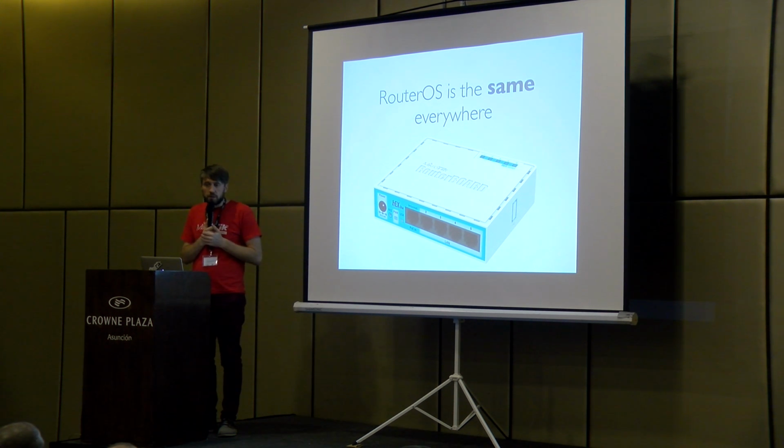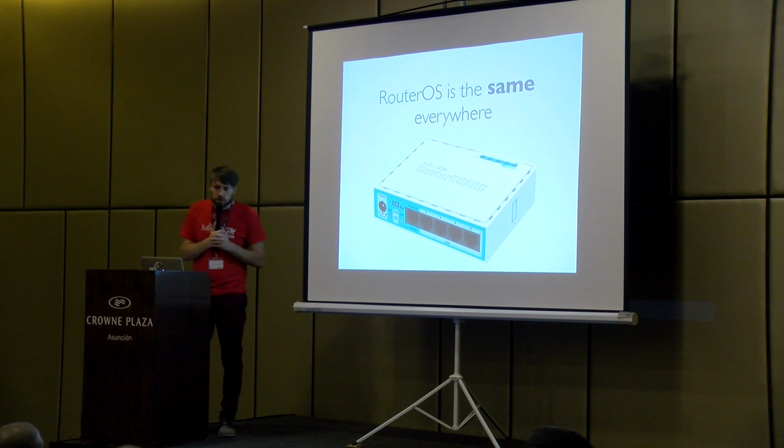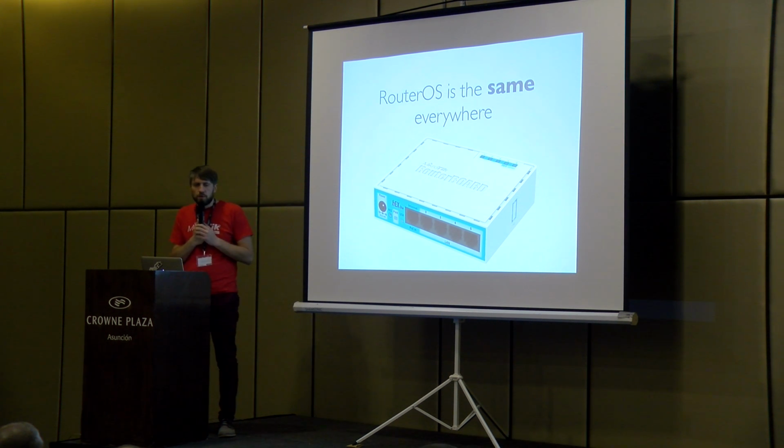It means that you can run BGP also on your mAP router, right? But the mAP router is very small and doesn't have enough RAM, so we don't recommend doing that. You can still try how it works, but you need to select appropriate hardware for your setups. But all the features are the same everywhere.